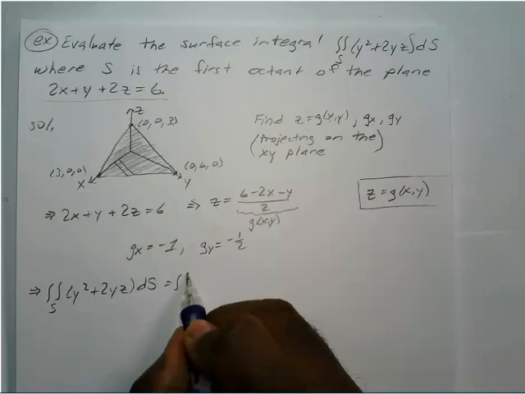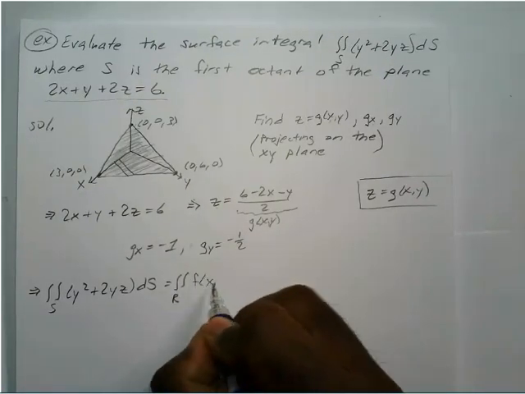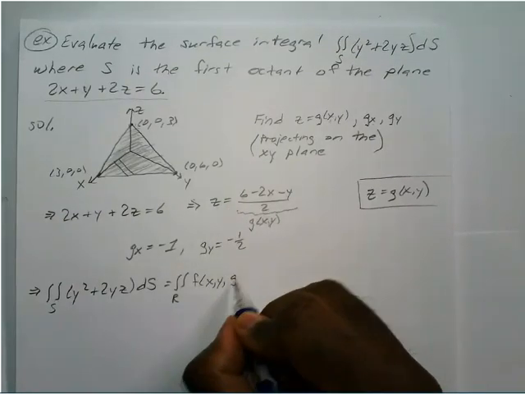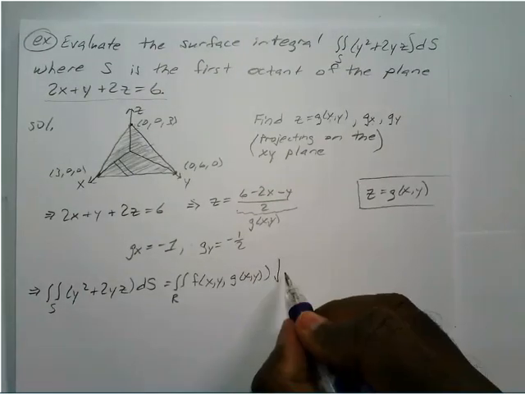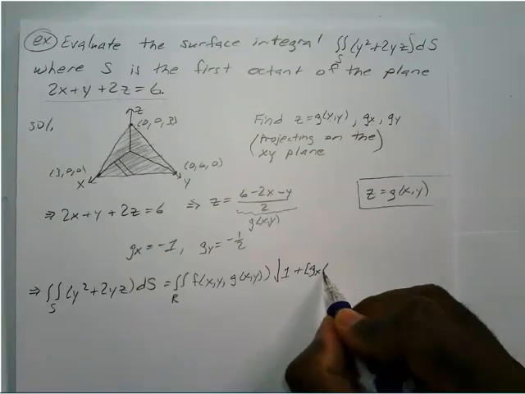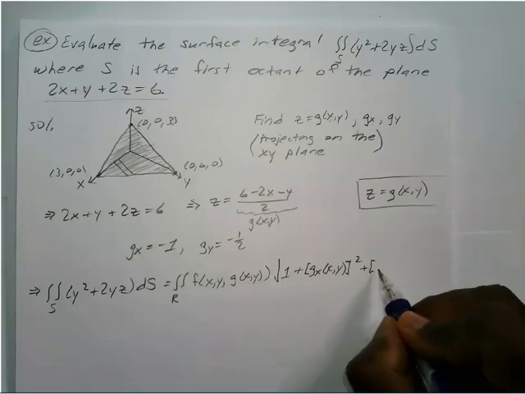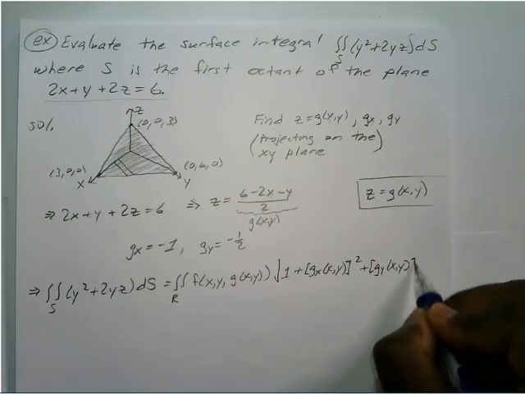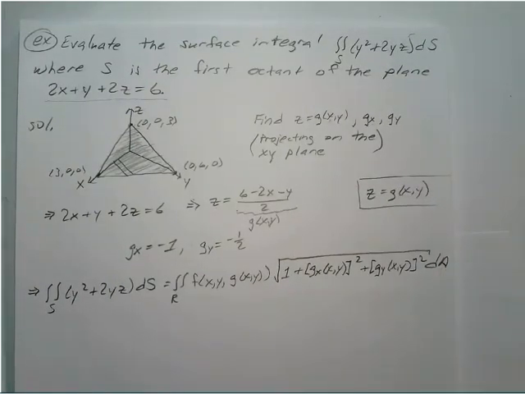We're going to use the formula: double integral over r of f of x, y, and instead of z, we're going to use g of xy, times the square root of 1 plus the partial with respect to x on the xy plane squared plus the partial with respect to y on the xy plane squared, with respect to the area.